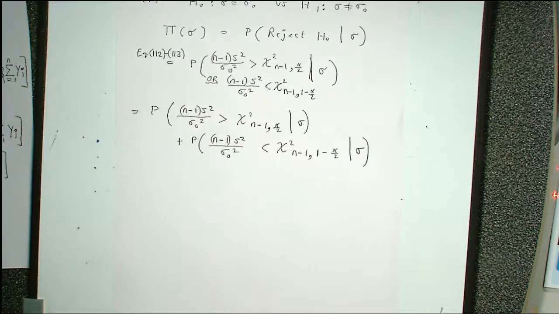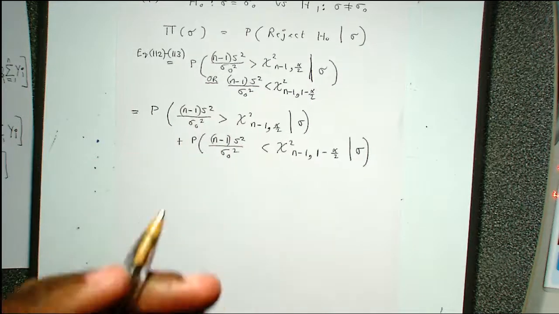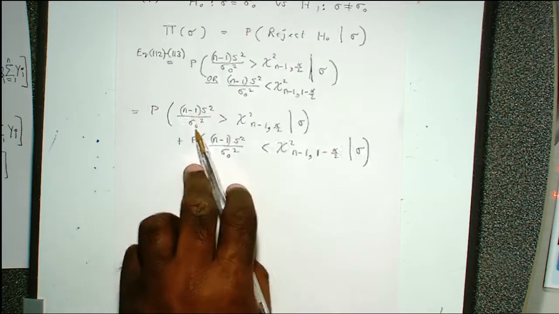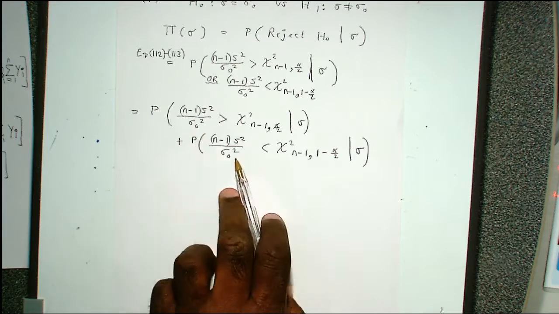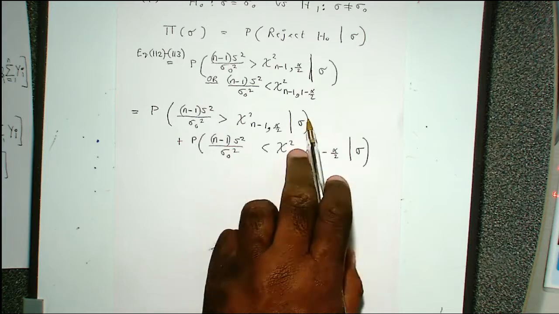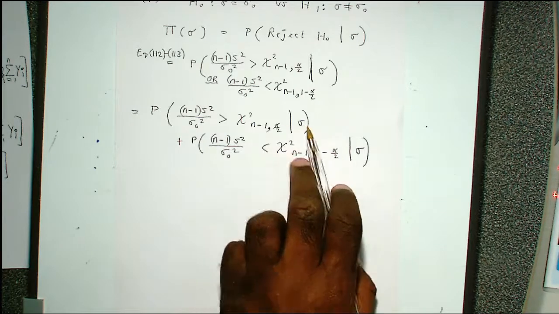All right. The next thing you must realize is that the sigma 0 squared you are dividing by here and here is not the true population standard deviation. The true population standard deviation is sigma.